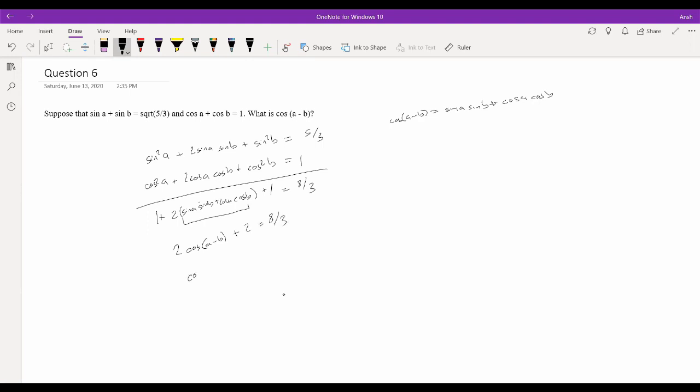So if we just simplify this, this basically gives us that cosine of a minus b equals 1/3, which is basically all that the problem is asking us, which means the answer is just 1/3.